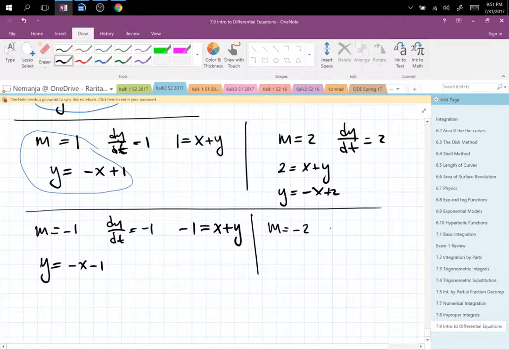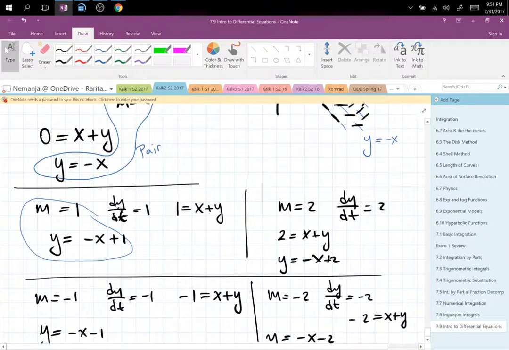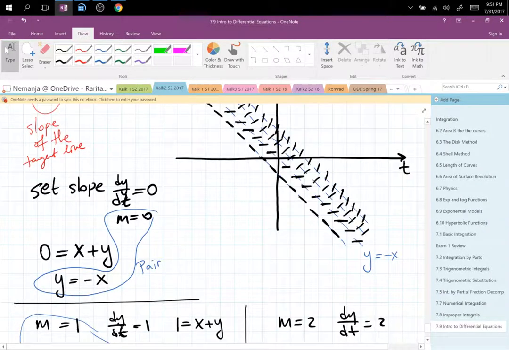M equals -2, right? Because dy dt was -2. That's -2 equals x plus y, so y is equal to -x minus 2. Isocline.